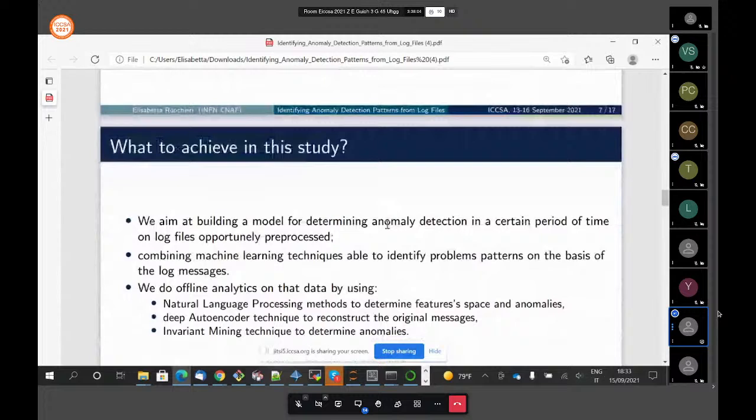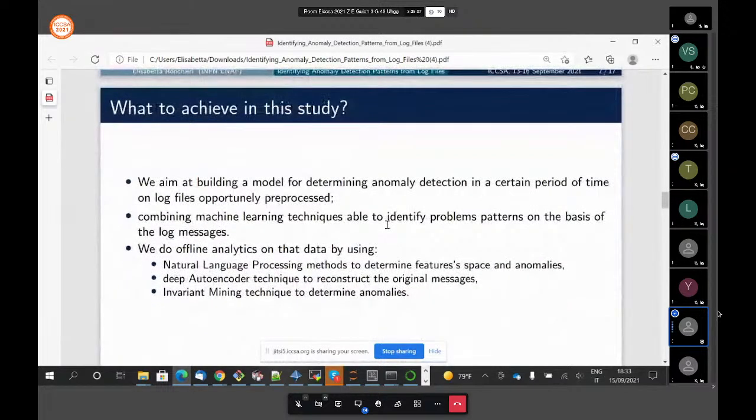So during this study, we aim at defining and building a model able to identify anomalies in a certain period of time on log files once transformed into CSV form. And we combine different machine learning techniques according to the steps we are going to perform. We use natural language processing in order to detect the feature space, feature matrix and anomalies.